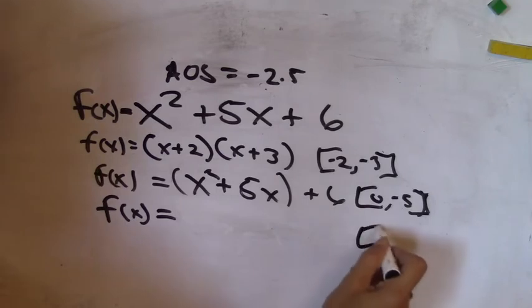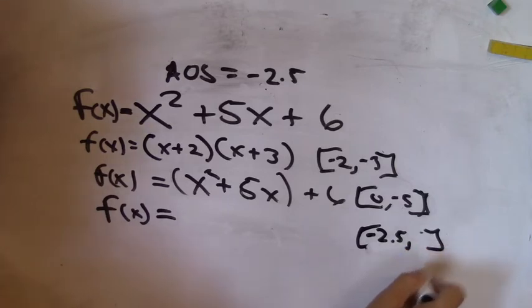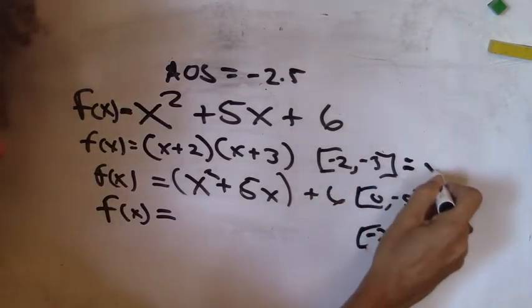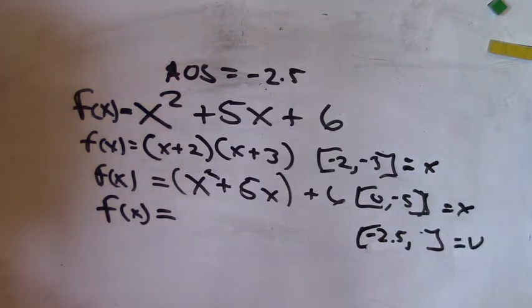So over here, you know your x portion of it. It's negative 2.5. What's the other part of that point? It's 2.5, and then the y is... this is the vertex. What's 2.5 squared?